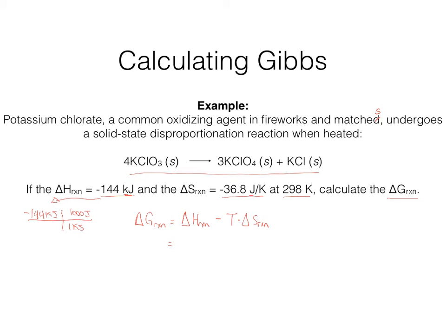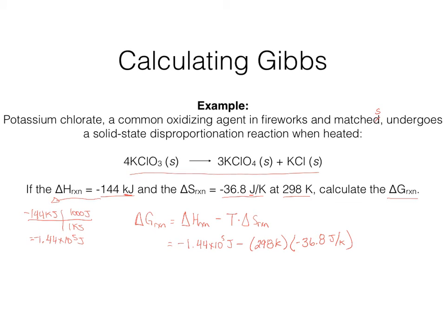And so this is equal to negative 1.44 times 10 to the 5th joules. And so negative 1.44 times 10 to the positive 5 joules minus T, which is 298 Kelvin given to us in the problem, times negative 36.8 joules per Kelvin.